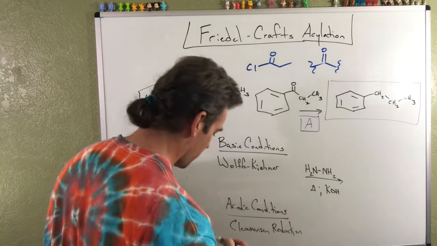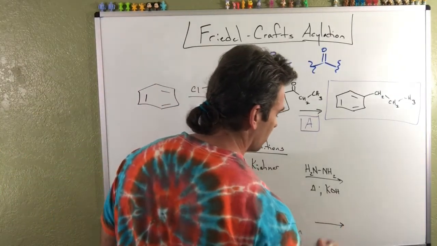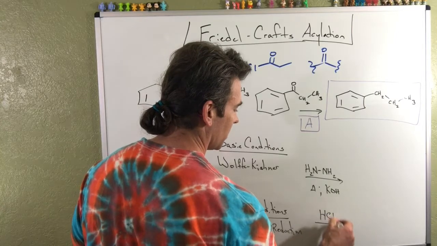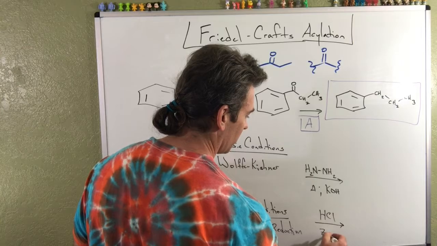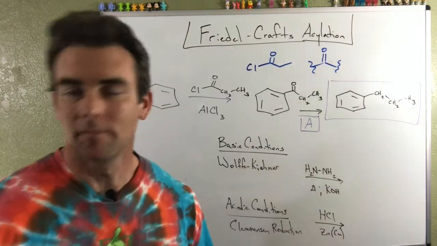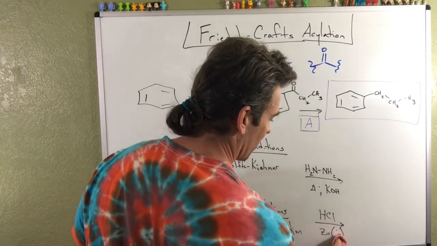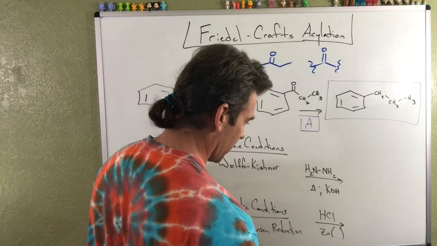The most common way of doing a Clemmensen was probably with HCl, and I think it's a zinc-copper couple, but I better check that. Oops, I've made the first mistake that I've ever made. This is not a zinc-copper couple. This is a zinc-mercury couple.